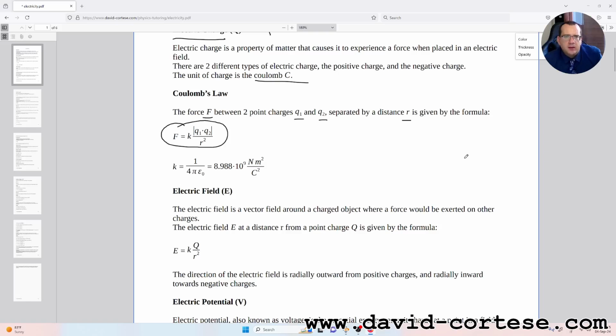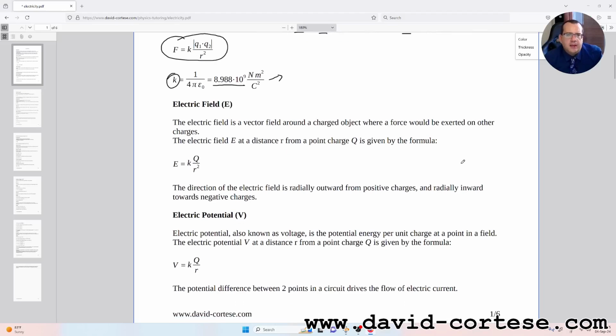K, that is this constant, is 1 over 4 times pi times epsilon 0, and it is 8.988 times 10 raised to 9, and the unit is Newton times meter squared over Coulomb squared.